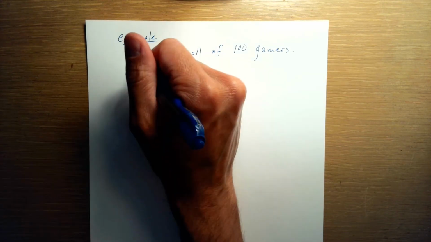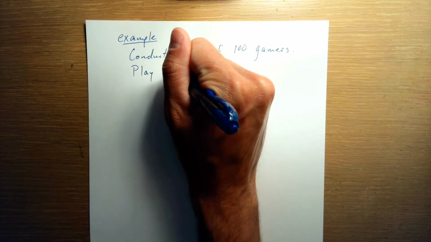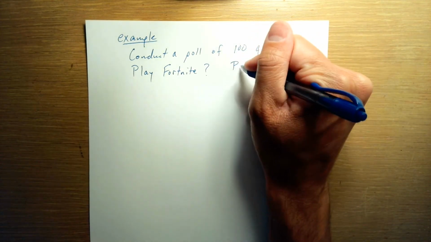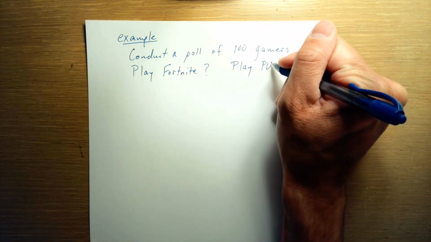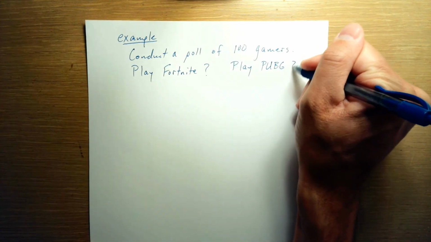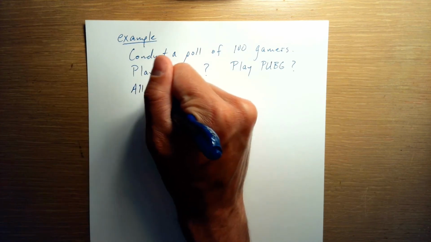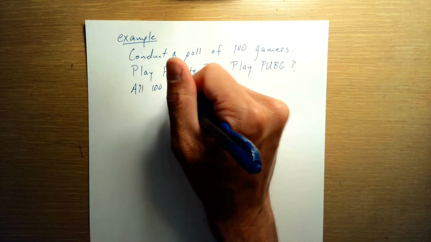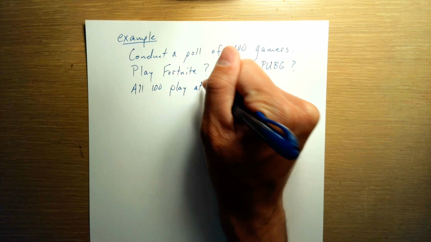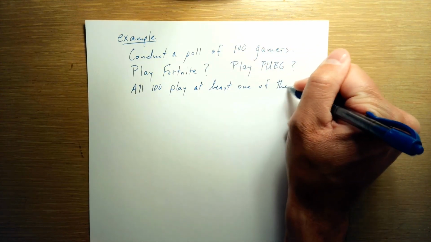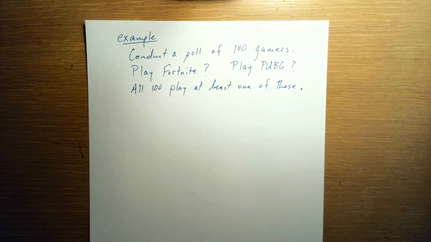And the question is, how many play the game Fortnite, and how many play PUBG? And then of course how many play both. And note that all 100 play at least one of these 2 games. So everybody that we ask plays at least one of the games. Some of them play 2 of the games.